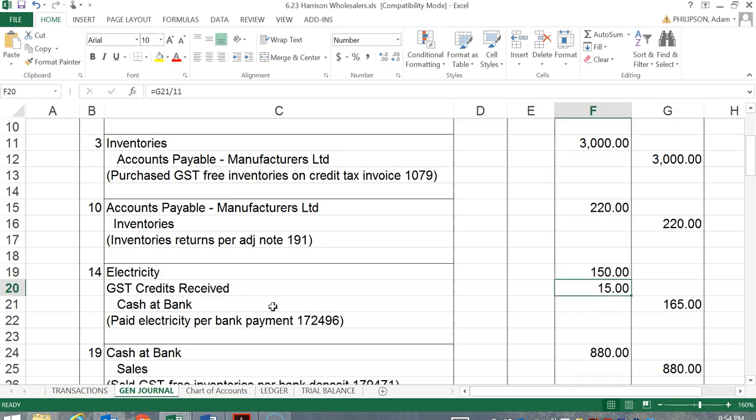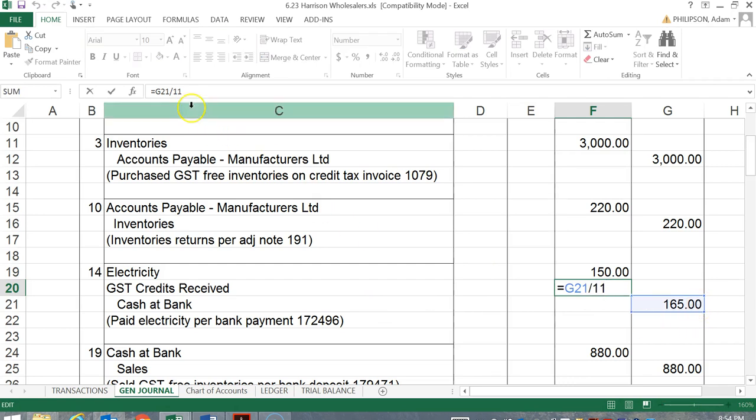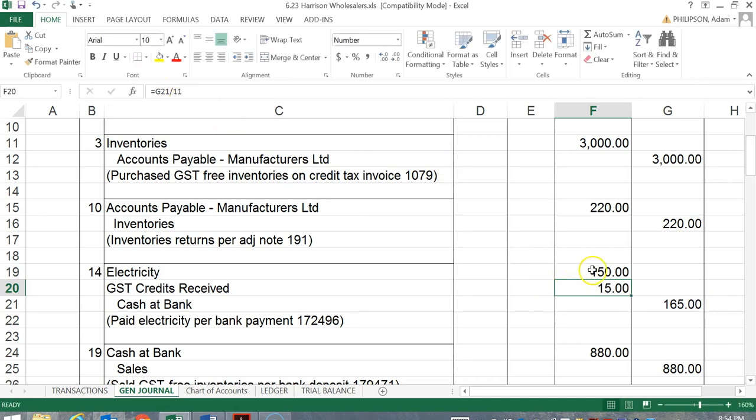We then do GST credits received, which is the gross amount divided by 11, and then the amount for our electricity is the gross amount minus GST, which gives us that 150. Paid electricity per bank payment 172,496, just using the details that we've been given.